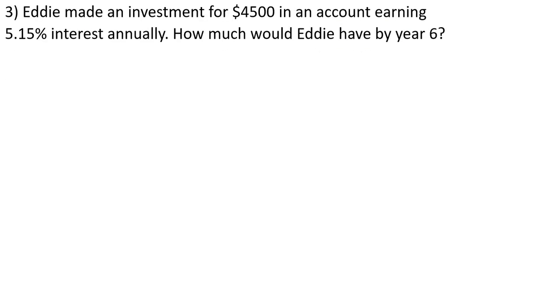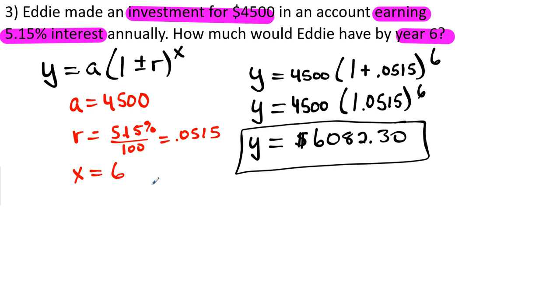All right, number 3. This one is for you to do, okay? It's very similar to the last two, so go ahead, pause this video, and try this one out, please. Pause. So here we had Eddie that made an initial investment of $4,500 into an account earning 5.15% interest annually. How much would Eddie have by year 6?